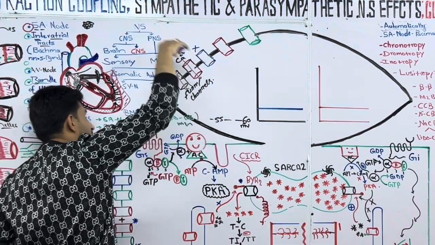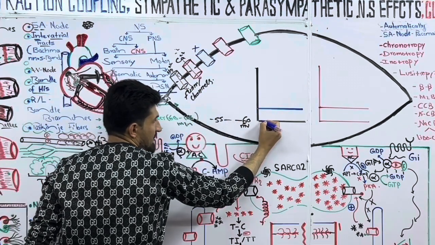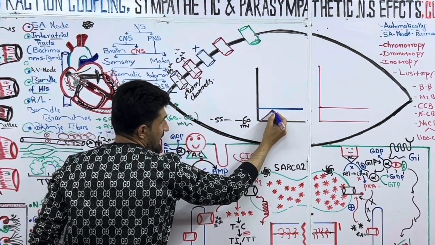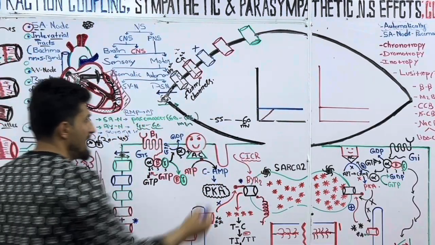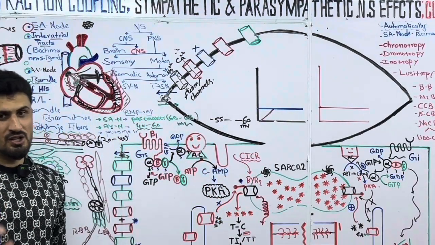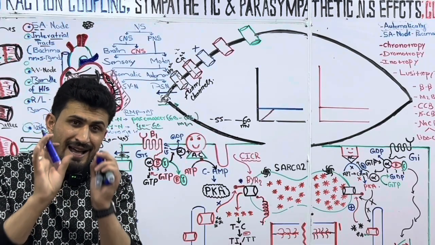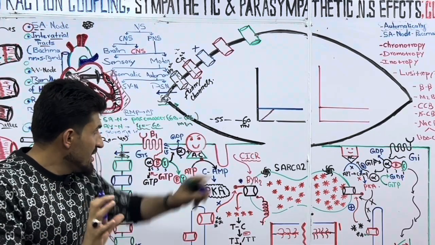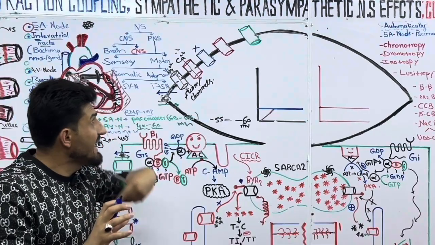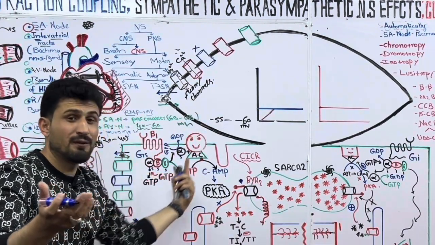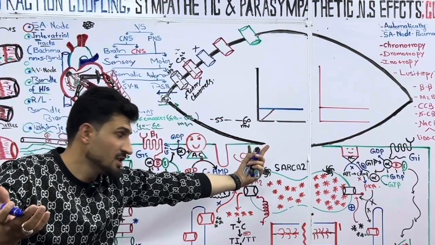Plus these charges flow. For example, this is rest. They flow like this, and a time will come that I'll reach the threshold potential. And we know from previous lectures that threshold potential is a specific voltage inside the excitable cells, those cells that go from resting membrane potential to action potential.